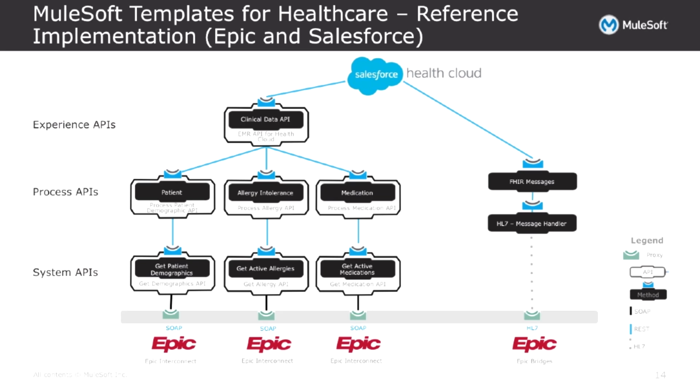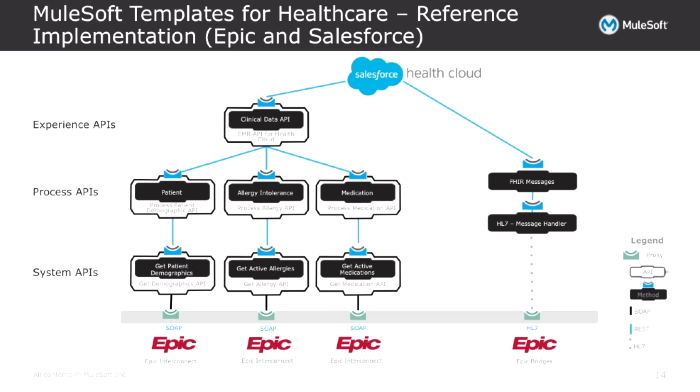The FHIR resources depicted on the process API layer, like patient, allergy intolerance, medication, etc., use Epic's Interconnect services, which use the SOAP API of Epic to get the data out of Epic and convert it into FHIR resources.